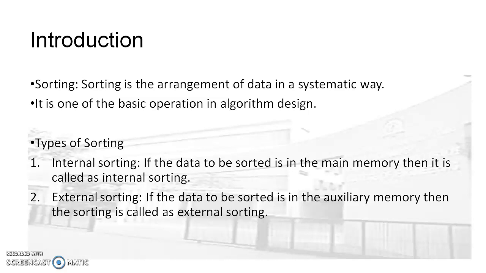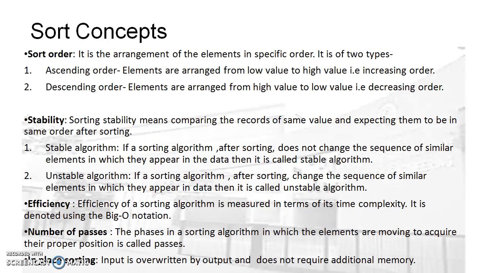So these are the two basic types of sorting techniques. Apart from this, sorting is also categorized as comparison based sorting and non-comparison based sorting techniques. We will be discussing the different concepts related to sorting.